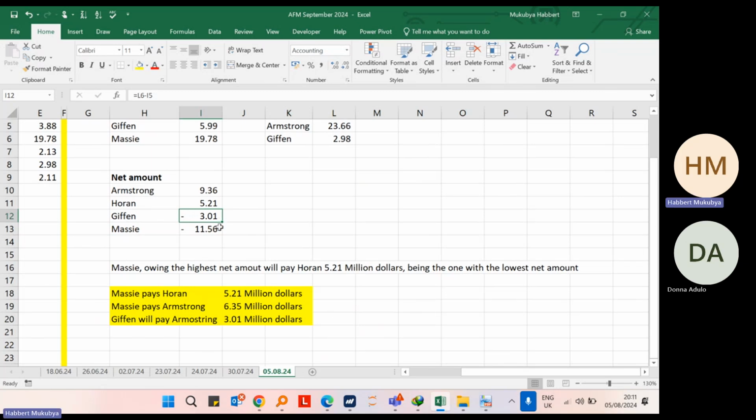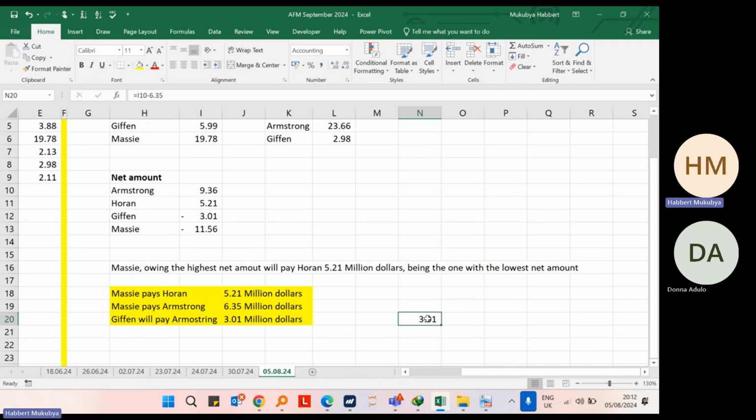So what I wanted to see is if Armstrong is still left with how much money. They had 9.36 as a receivable, but they had been paid 6.35. So what was left was 3.01, exactly how much Giffen is owing. So that means that Giffen will pay that 3.01 to Armstrong.